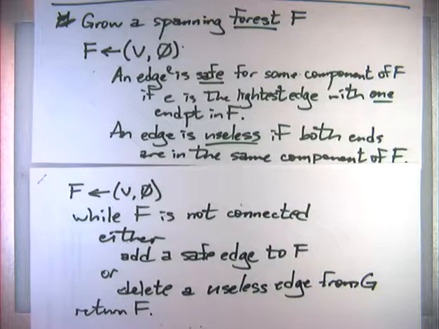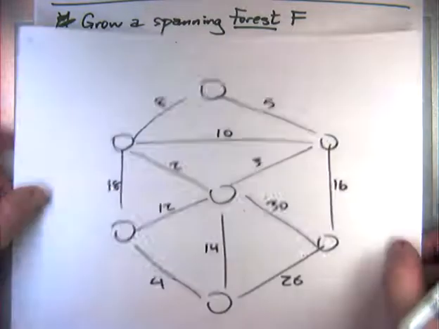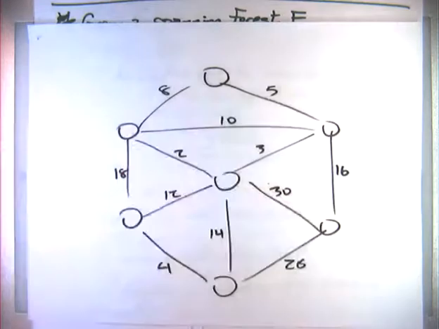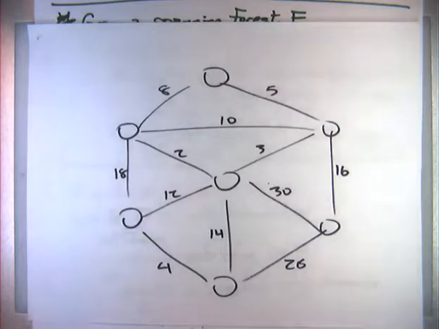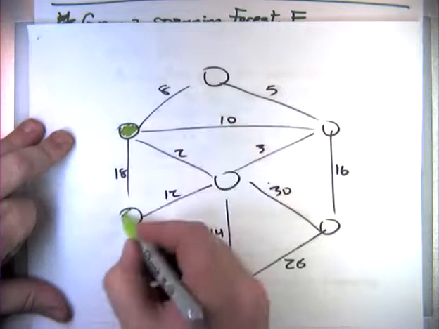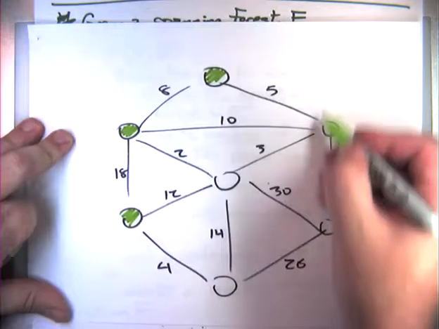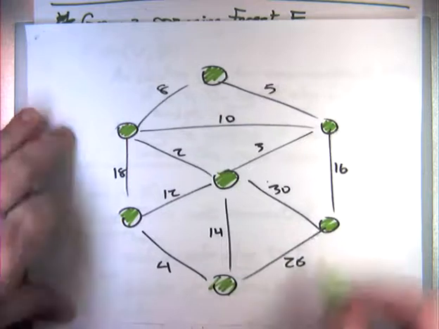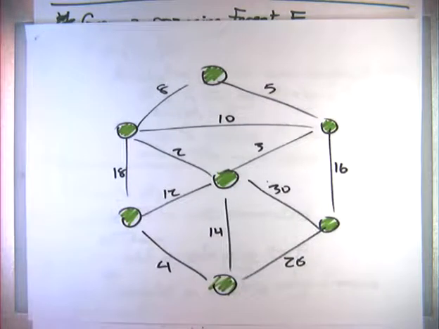Let me show you an example using this graph here. I'm going to draw the forest in green. Originally, I'm going to start off with the forest just consisting of these 7 vertices and no edges at all.